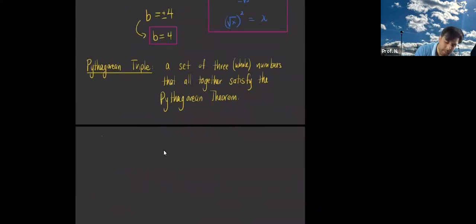And so we have one of them, right? 3, 4, 5. 3 squared plus 4 squared equals 5 squared. Awesome.